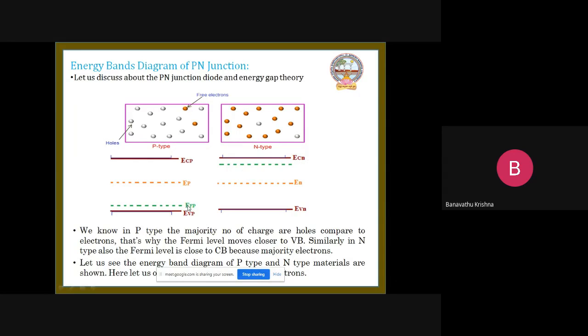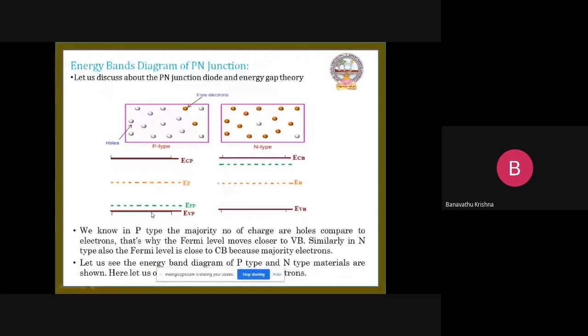Why is the Fermi level located near the valence band in p-type and near the conduction band in n-type? Because in p-type, the majority charge particles are holes, in the valence band, and the minority charge particles are electrons.